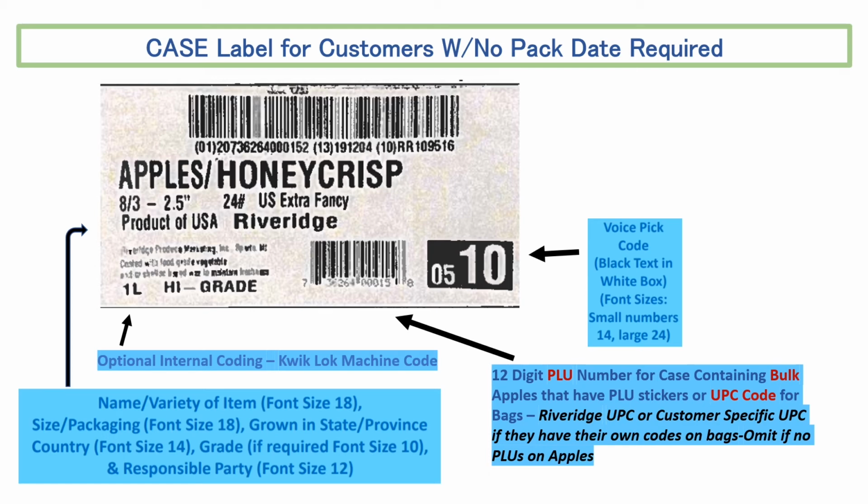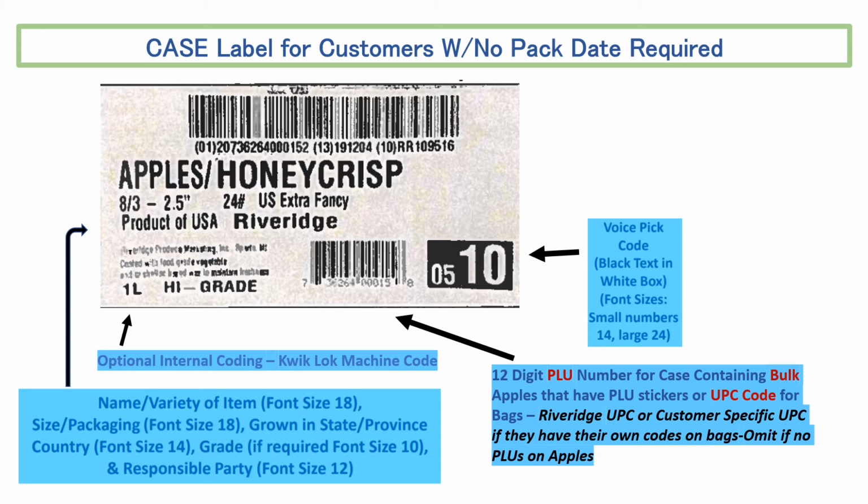This area right here, right after Product of the USA, if the pack is for customers like Mark-On, Walmart, Meijer, that have their own unique UPCs on the pack inside the carton, the case, you do not want to put River Ridge in that area. You want to put their name. That's Mark-On, Meijer, Walmart, etc.